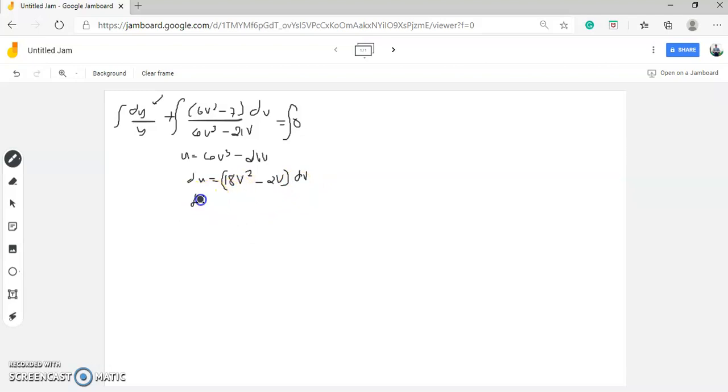After that, your dv will be equivalent to du over (18v squared minus 21). From there, we'll just need to substitute it here. This is dv.